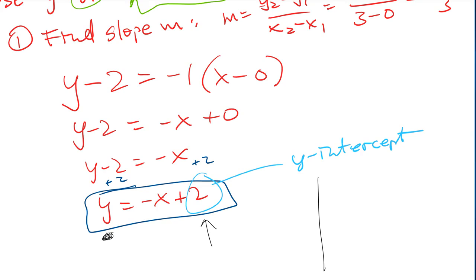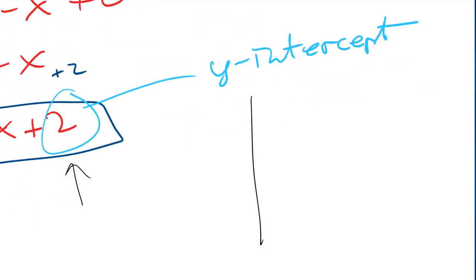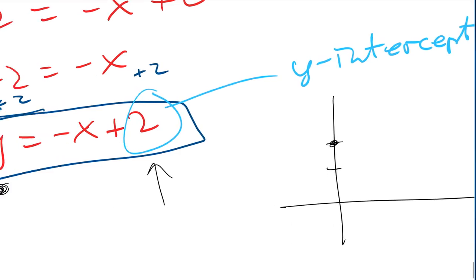So we have 2 as the y-intercept, so 1, 2, it's right there. And then the slope was -1, so we can say that's -1 over 1, or you can say 1 over -1. It's your choice.